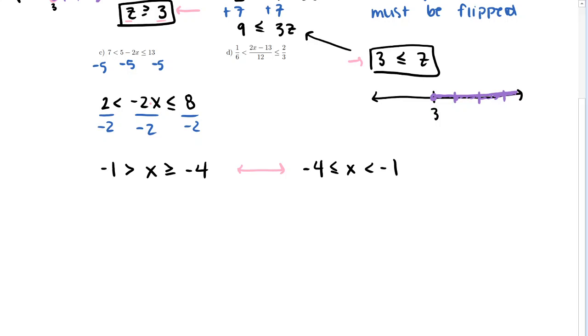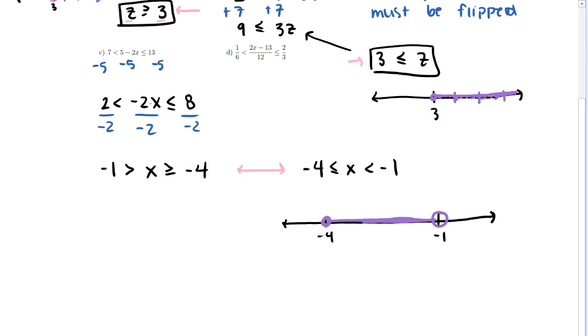And so this is really going to read as all the values between negative 4 and negative 1 that include negative 4 but exclude negative 1. Right? So if I draw out a number line, negative 4 and negative 1 are the stars of the show. We're saying all the values between negative 4 and negative 1 are going to make this inequality true, but not including negative 1, so we put an open circle there.